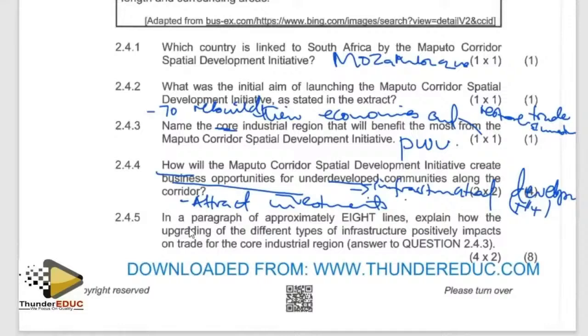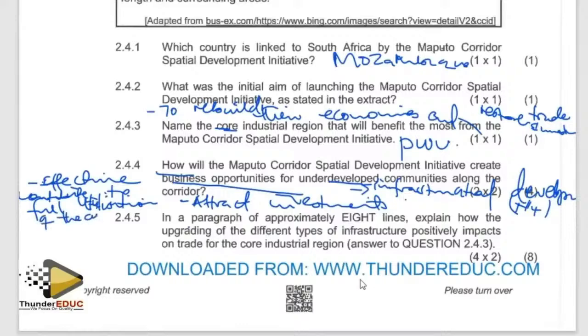Okay, N14. Then you can look at other aspects, like it will effectively contribute to full utilization of the available resources, available natural resources.